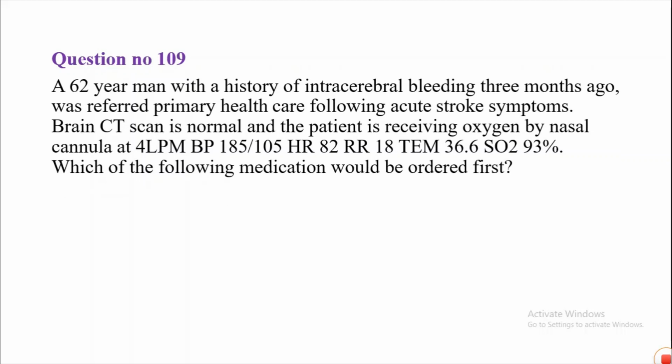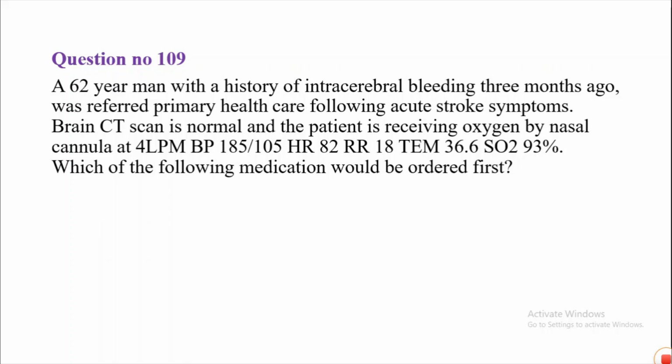Question number 109. A 62-year-old man with a history of intracerebral bleeding 3 months ago was referred to primary health care following acute stroke symptoms. Brain CT scan is normal and the patient is receiving oxygen by nasal cannula at 4 liters per minute.